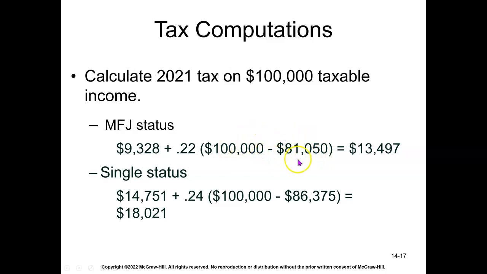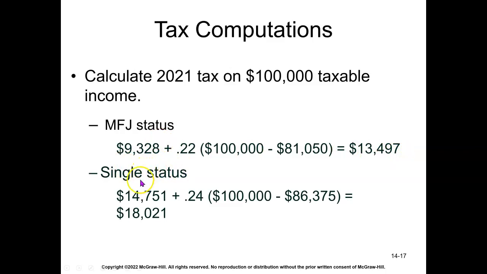So the amount of money you're over the start of that range, multiplied by 22%, added to $9,328, which really is, if you work through it, what it would be if you calculated the tax through all the lower tax brackets. And 22% times the amount you're into the current bracket means married filing jointly is going to have $13,497 of taxes.